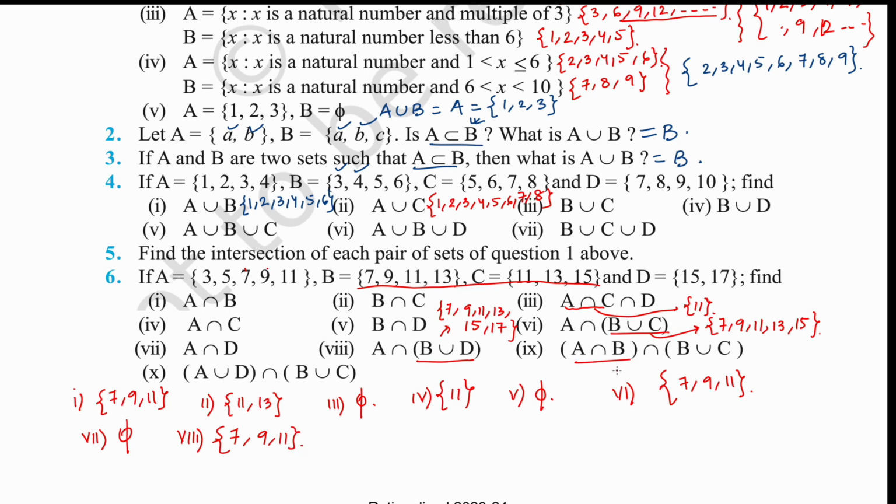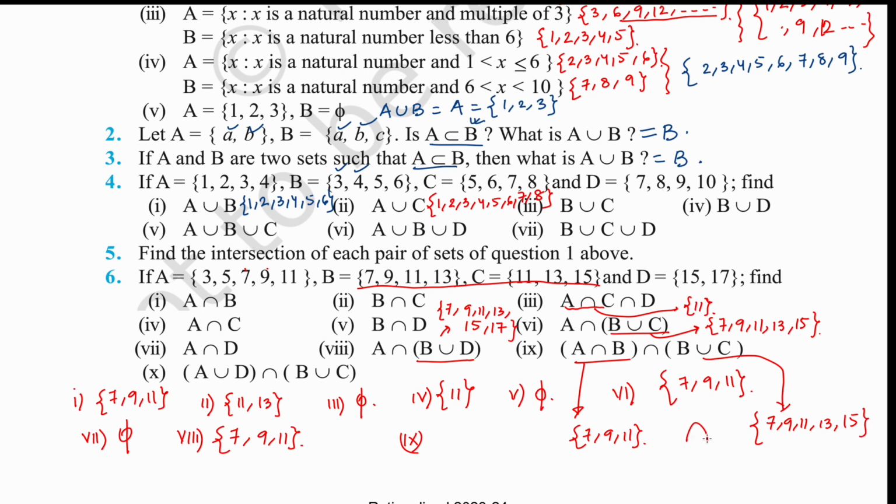Then you have A intersection B. So A intersection B, let's try to solve this separately. So A intersection B will be a set that is common elements between A and B. So the common elements between A and B is 7, 9 and 11, right? And then you have to find B union C. That means you have to take all the elements which are there in B and which are there in C. So you have 7, 9, 11, 13, and in C also you have to include all the elements. 11 and 13 we have already included, so we have to include 15.